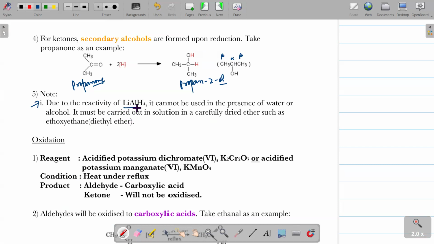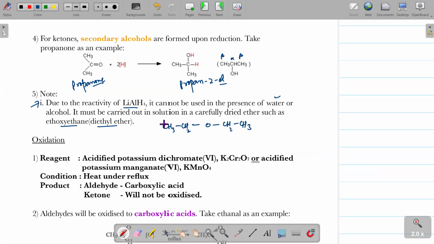That lithium aluminium hydride is very reactive, so it cannot be used in the presence of water. It can even react with water. So that's why we use dry conditions. And the solvent used for them is diethyl ether. The formula of diethyl ether is CH3CH2, then O, then CH2CH3.